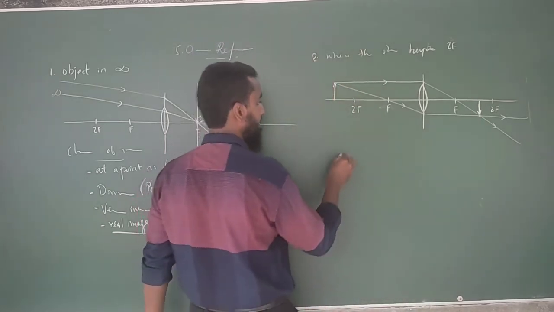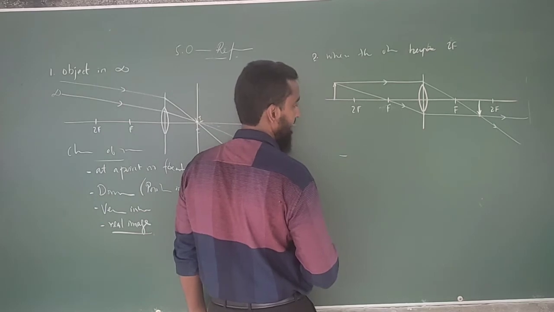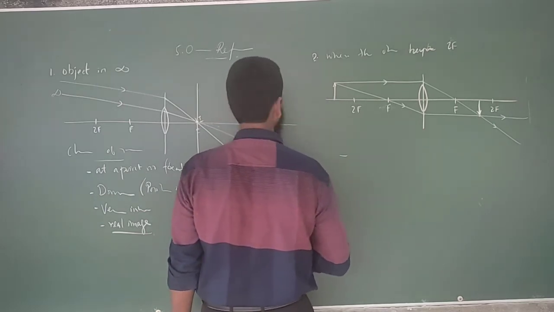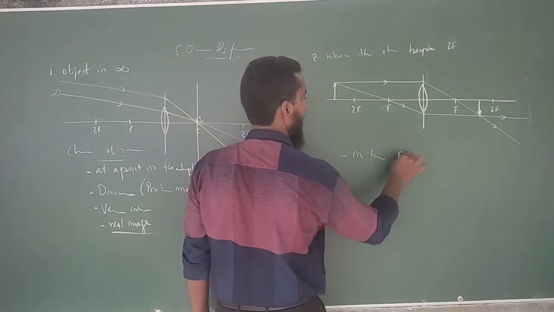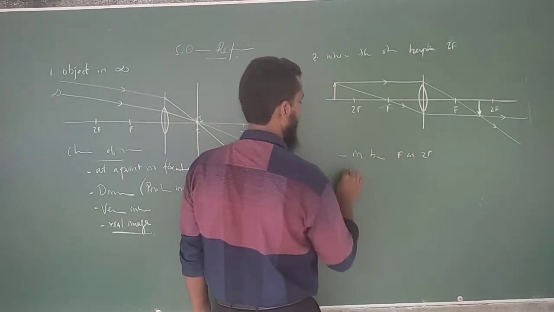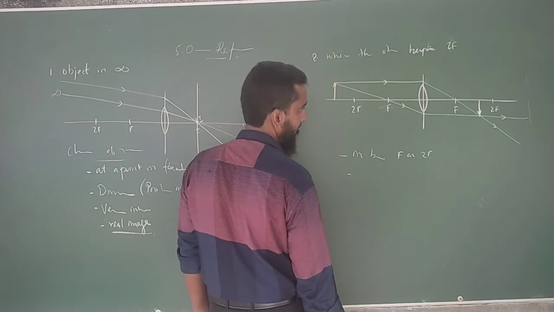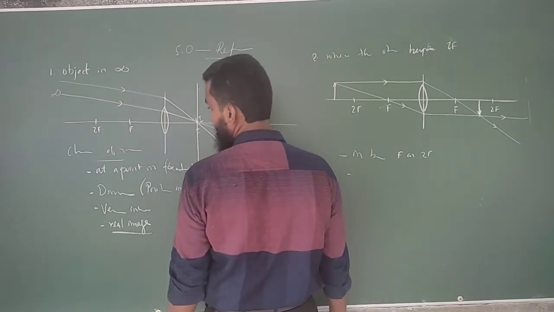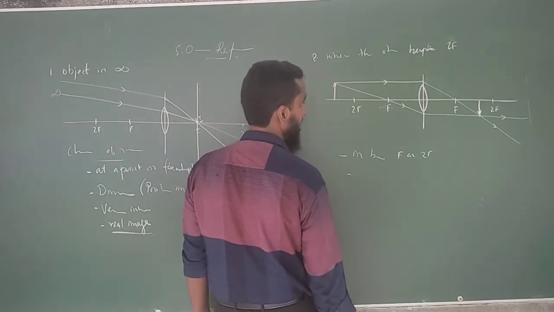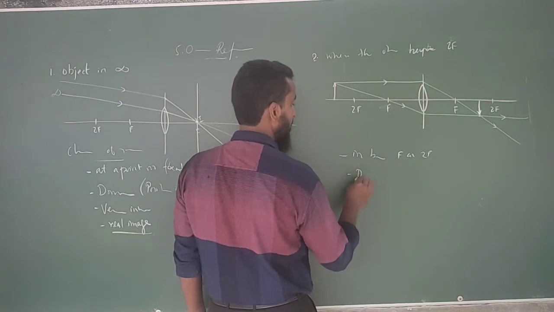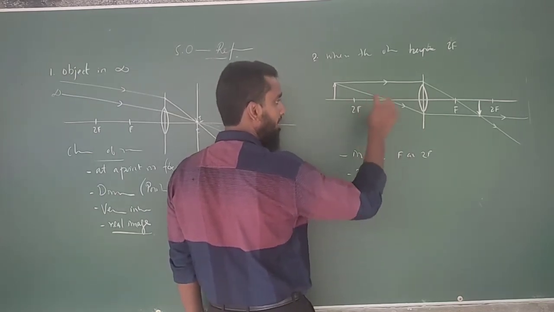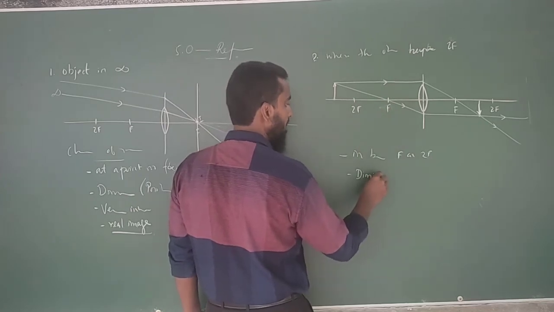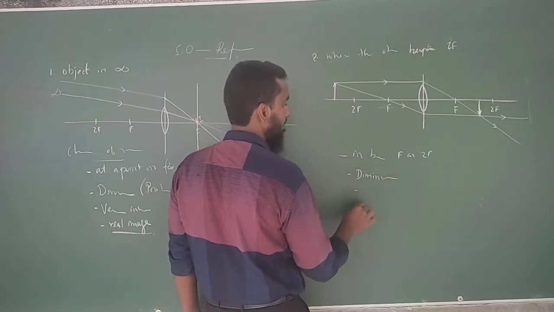Okay, then the characters of the image. The first character, where we are obtaining it: in between F and 2F. The second character, what is that? Size of the image, right? Normally, after drawing this diagram, if you look at the size, it will be diminished, right?